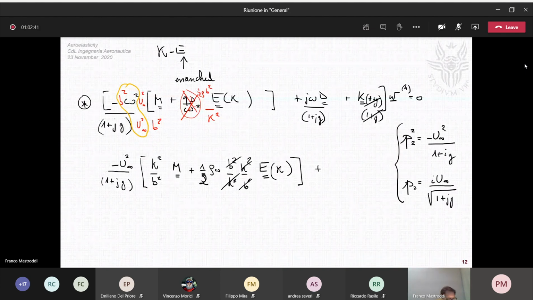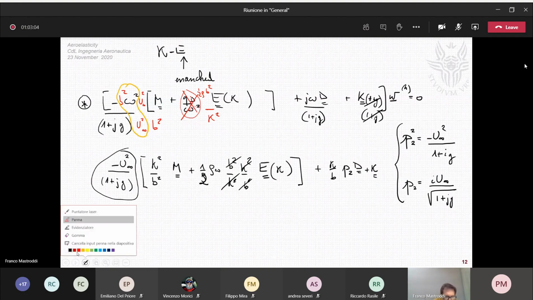So we have this new definition, and after this new definition we have again a k on b variable multiplied by p2 plus k, and this is p2 to the power 2.